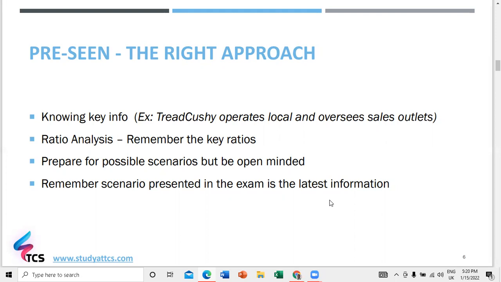So as I told you earlier, when going through the pre-scene document, try to figure out the main points, try to have a general understanding about ratios, and you need to be open-minded. If you adhere to these three steps, then the pre-scene is sorted. There's absolutely nothing to worry about pertaining to the pre-scene.